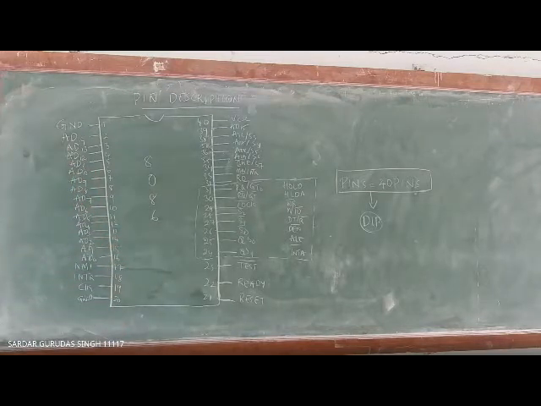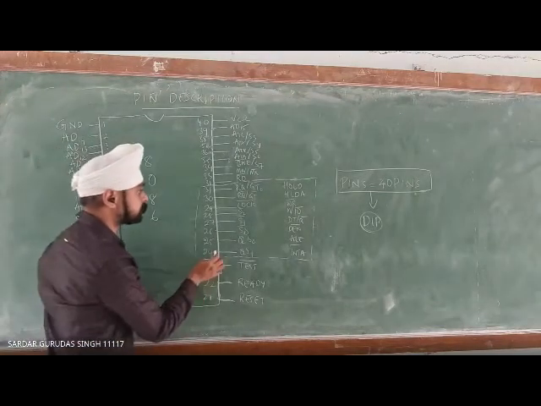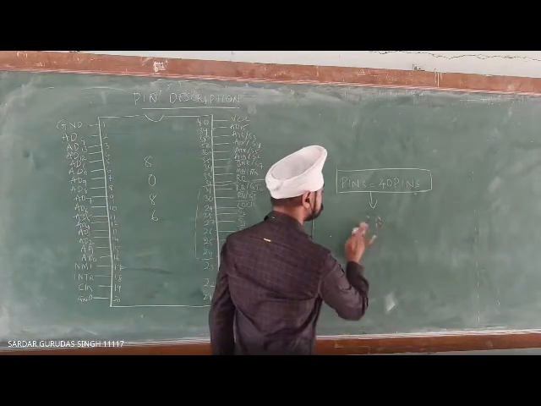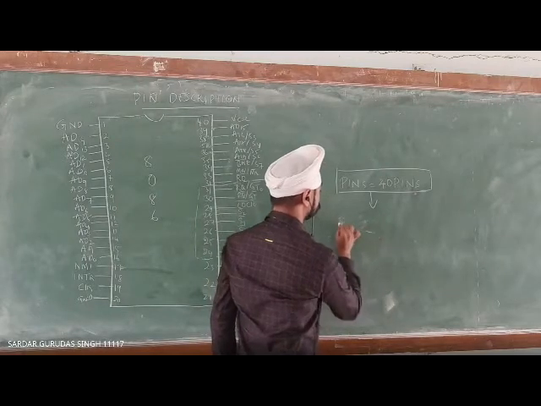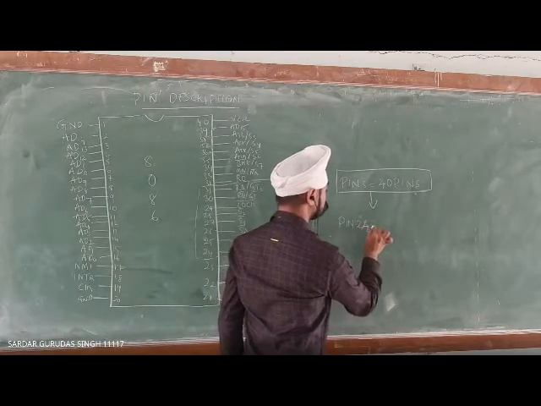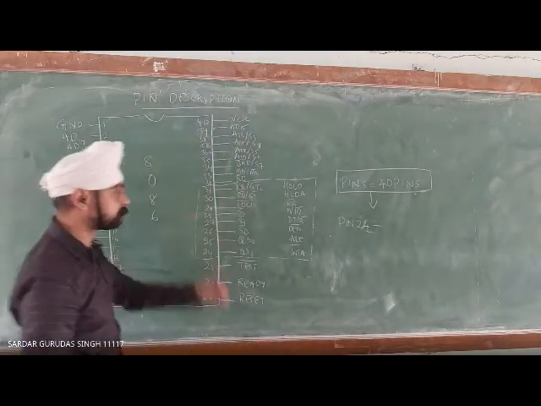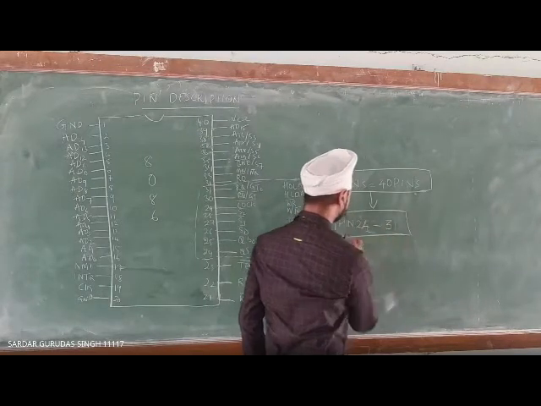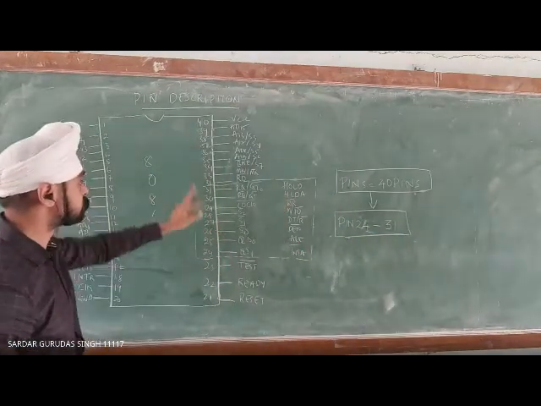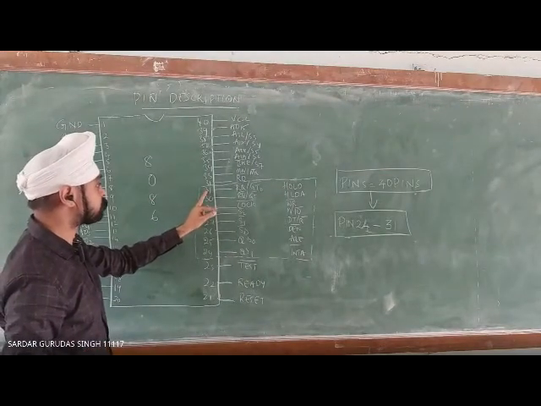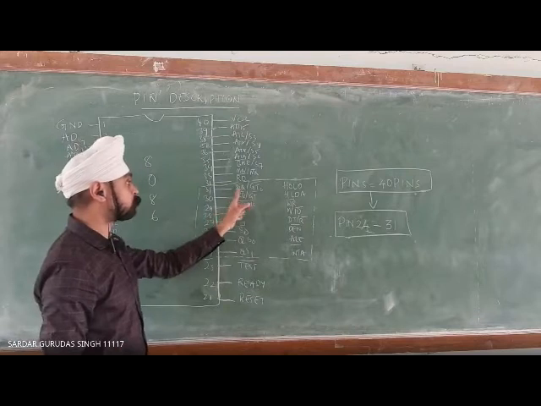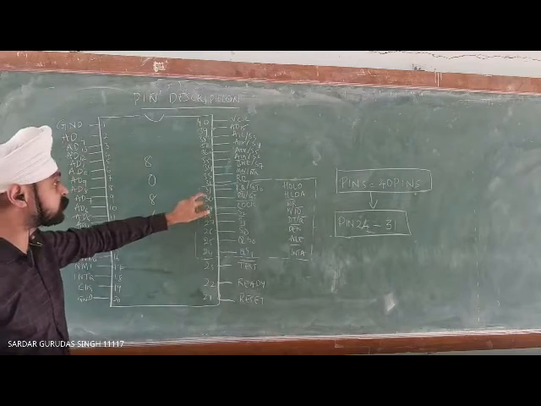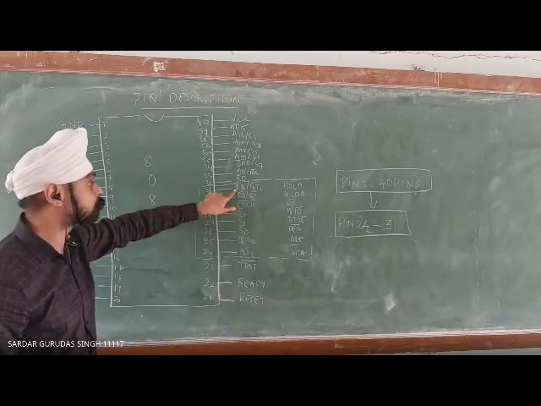Now, if you observe the diagram here, pin 24 to pin 31, these are the special pins. In the sense, pin number 31 is RQ/GT as well as HOLD. So you may be wondering whether this pin will act as RQ or HOLD.